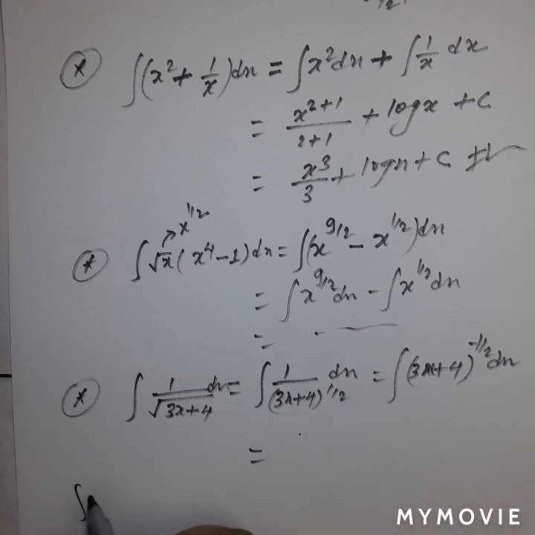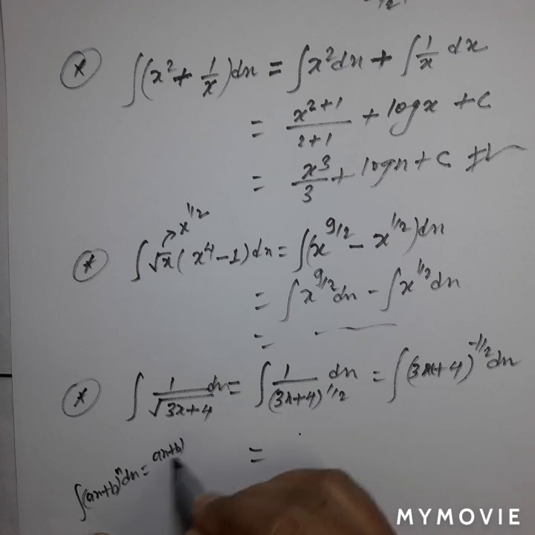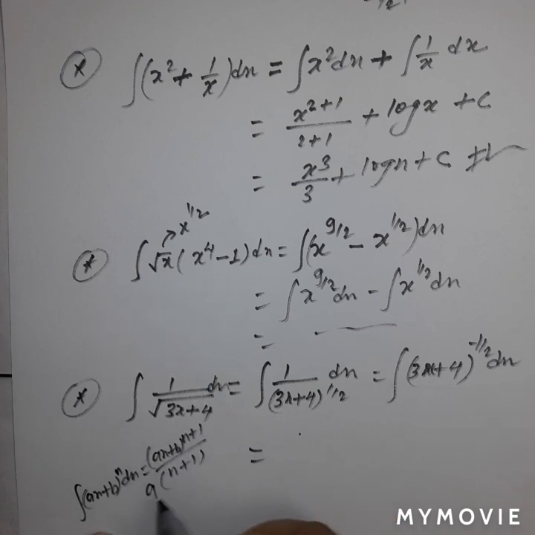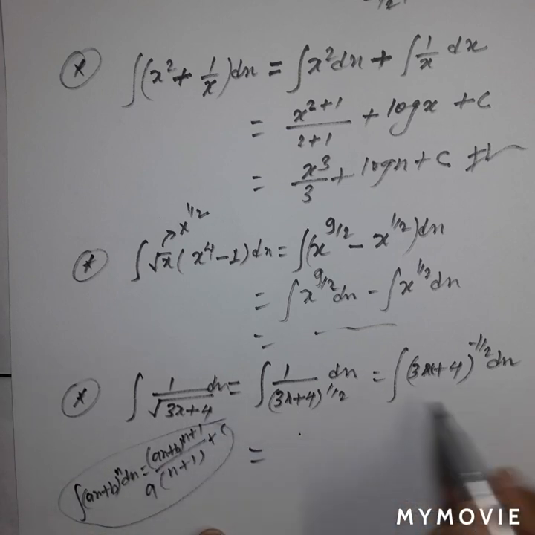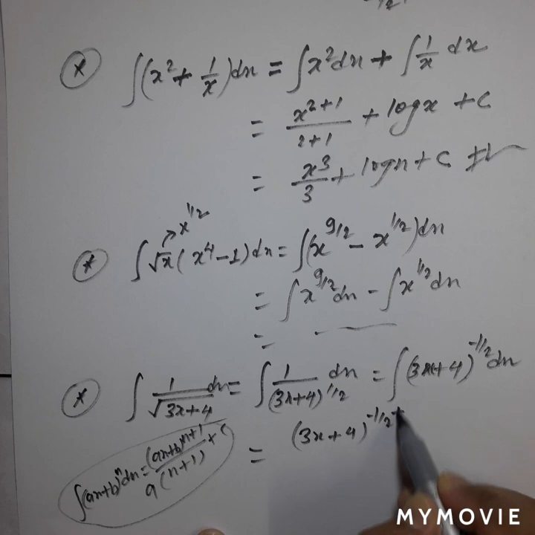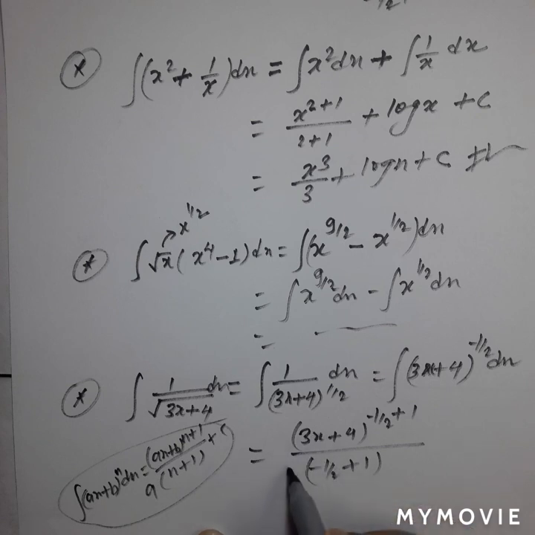We had read (ax+b)^n dx. What was the rule? (ax+b)^(n+1)/(n+1), and we divide by the coefficient of x, plus c. By using this rule, this is (3x+4)^(-1/2+1)/(-1/2+1), but we multiply this denominator by the coefficient of x here, plus c, and simplify, then you will get the answer.